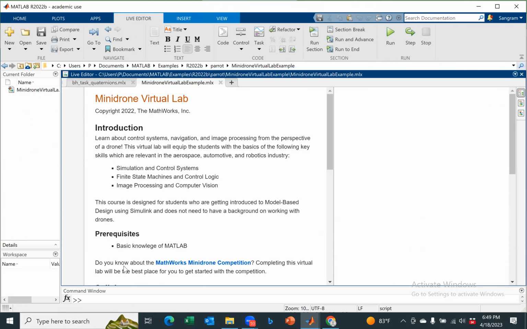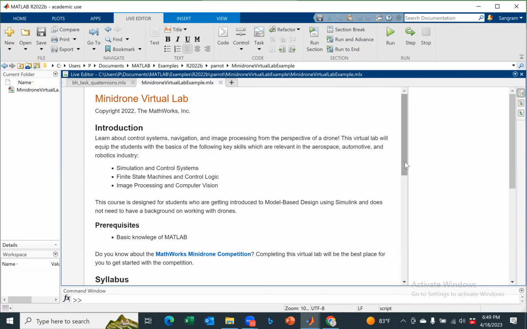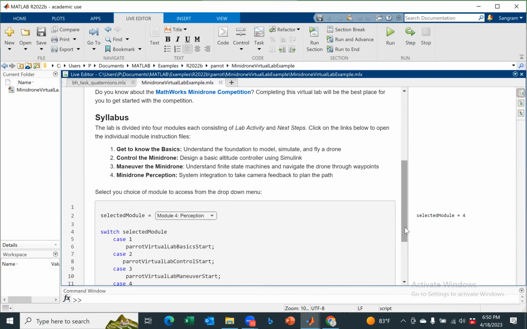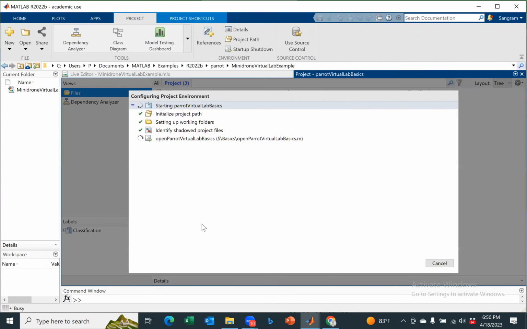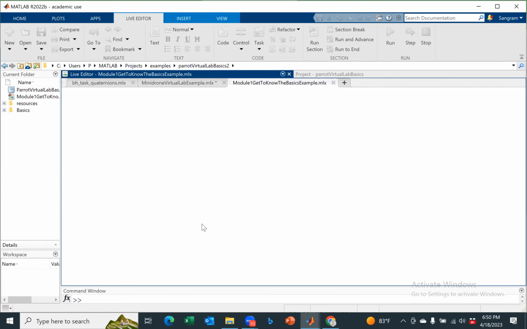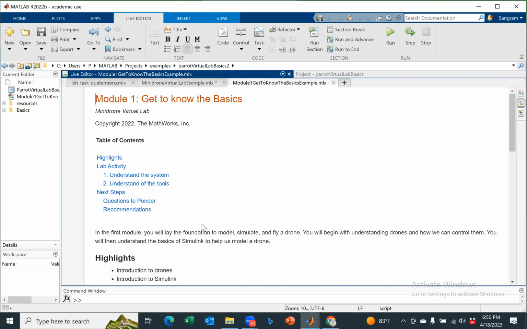This lab will include some reading activity. This lab will also include some hands-on activity. So what you need to do is go down and select a module. The first module is the basics. And then it will take you through this mini lab.